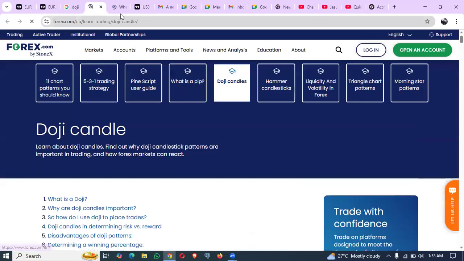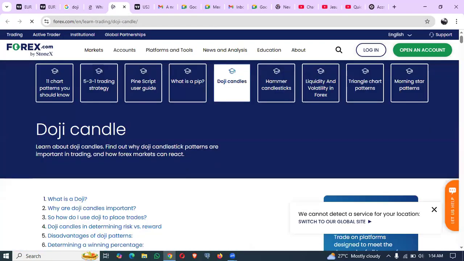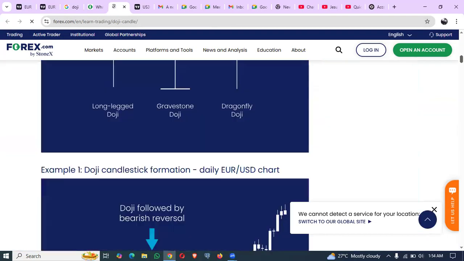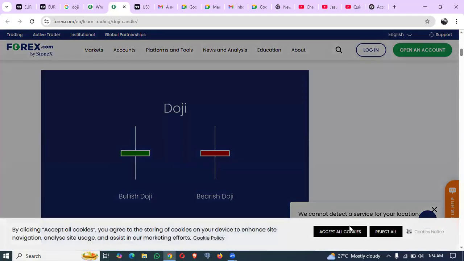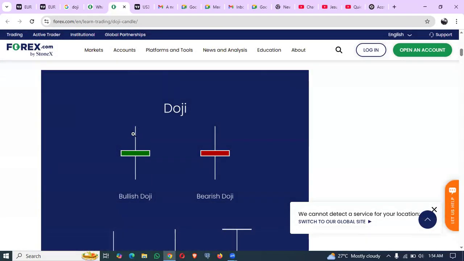Can't seem to open this picture big enough, but let's see. So this is your Doji. See, it has equal lengths of wick above and below the small body. That's your Doji.